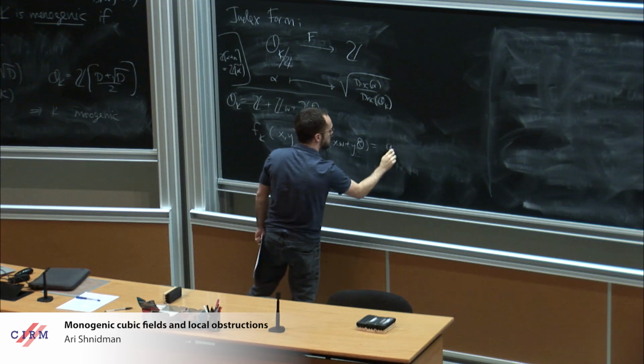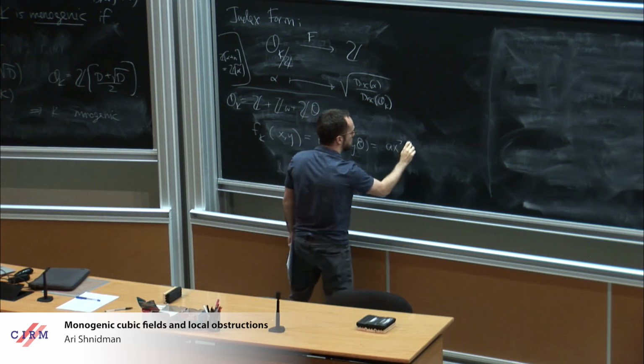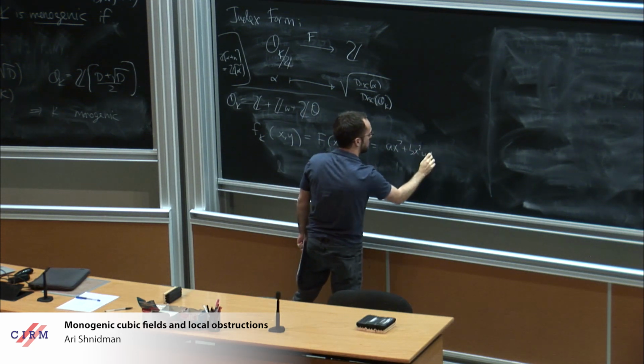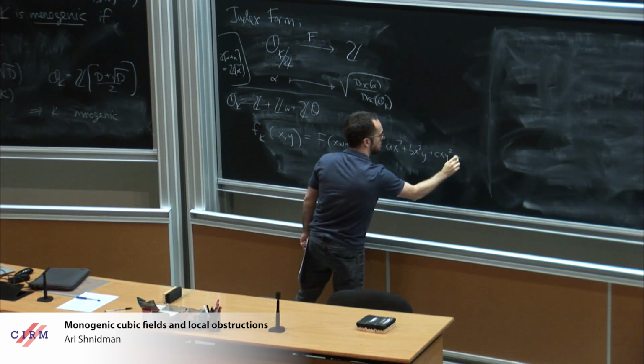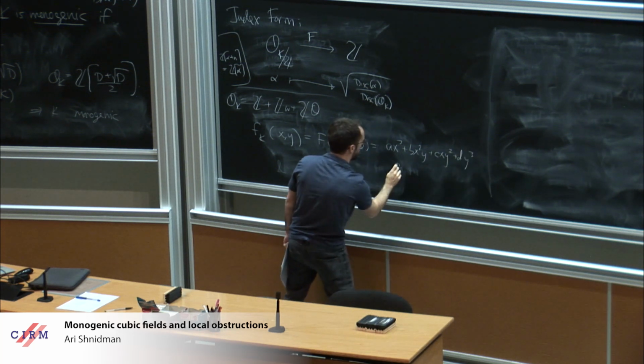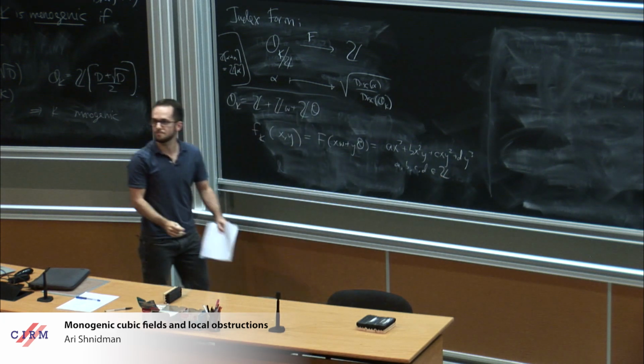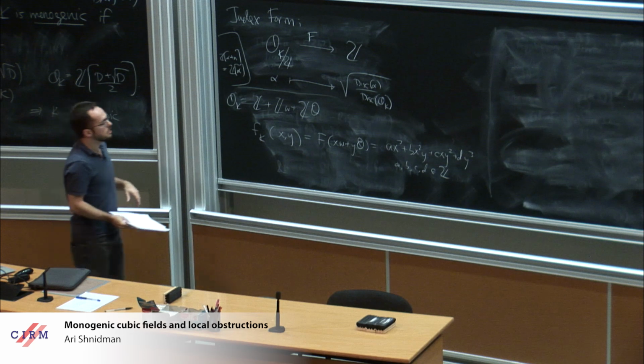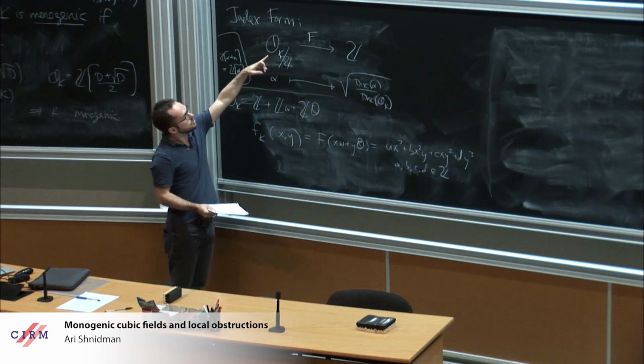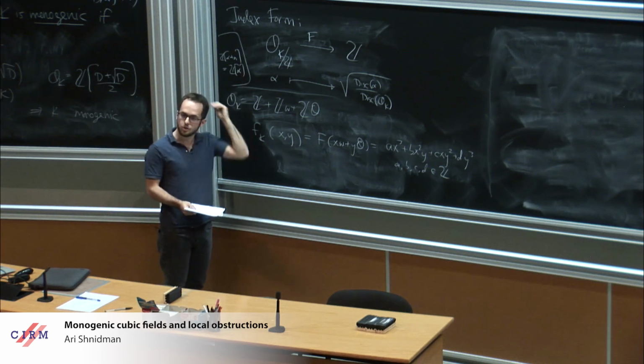And what you get is some expression like this, where A, B, C, and D are integers. So attached to my cubic field K, I've written down a binary cubic form.